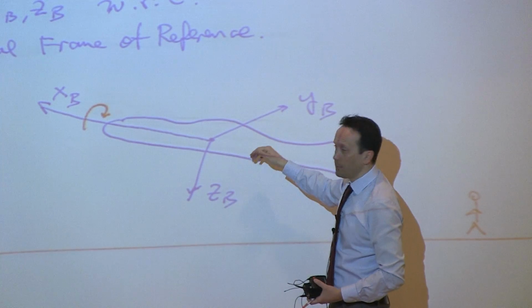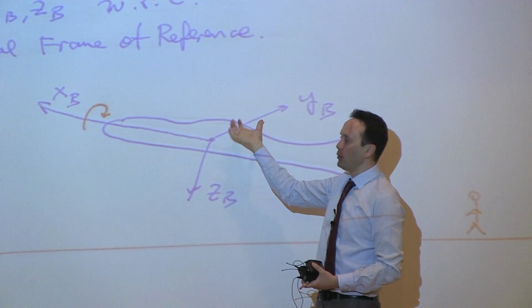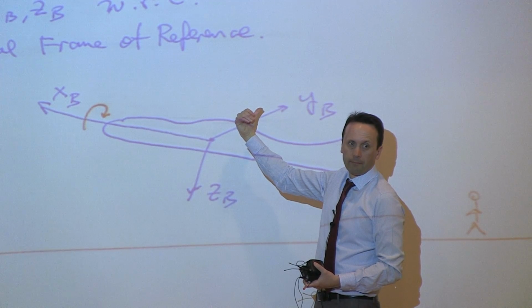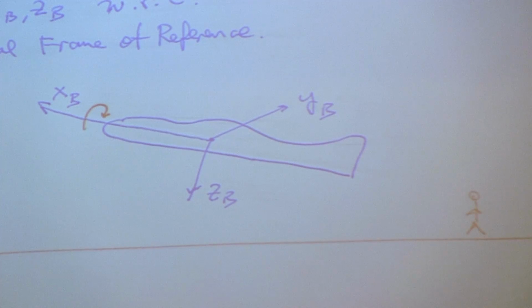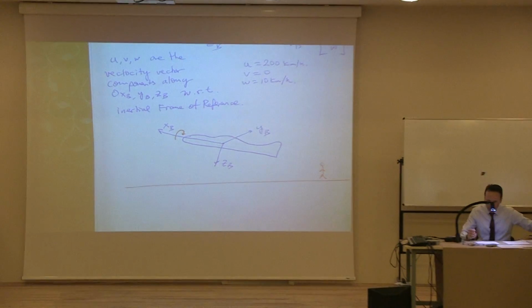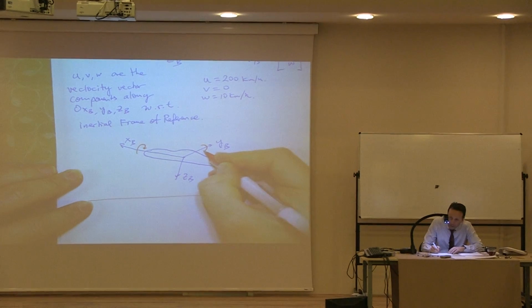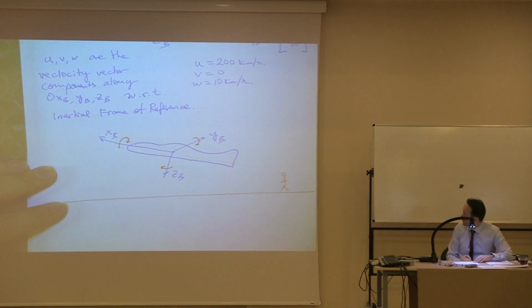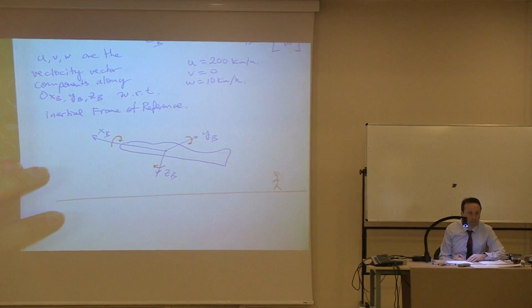Okay? Here, what is a positive rotation? Y body, take your 4 fingers, that's a positive rotation. Is that good? Okay, so that's a positive rotation, right? You go down, and this is a positive rotation. All right?